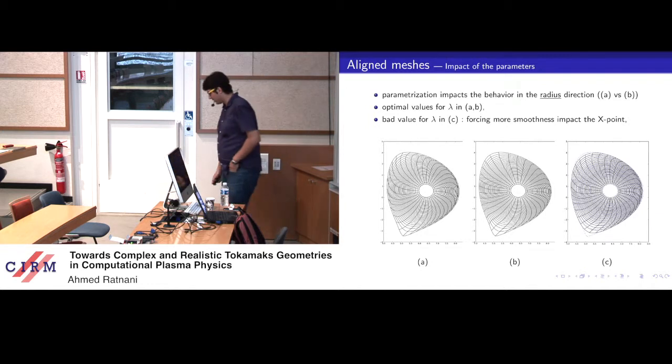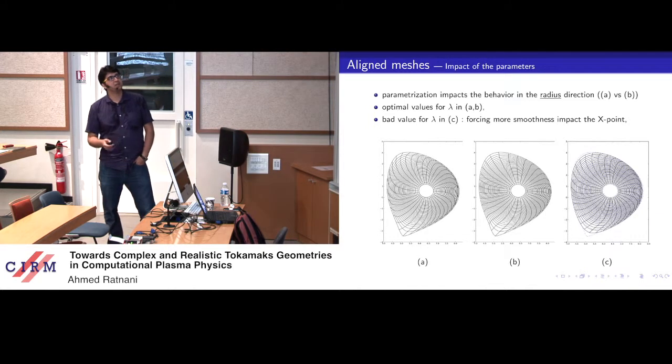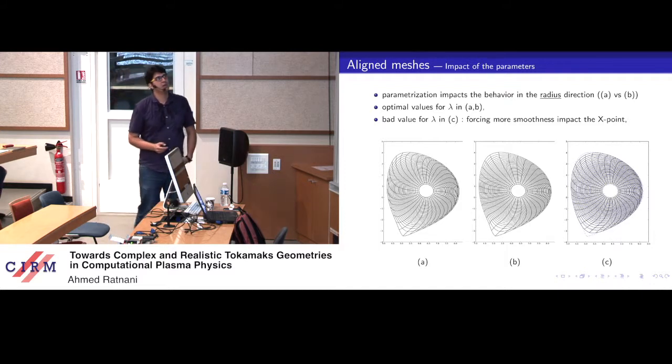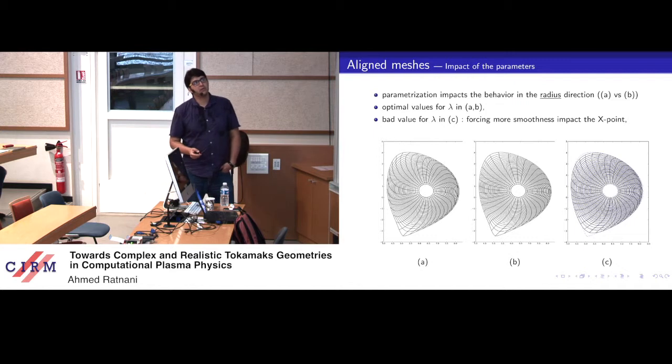So here are some impacts of this parameterization. Just by changing the values of the points u, we can change the result; you see here, this is not the same. These 2 cases are for an optimal value of lambda that we can compute, and this one is for a bad value of lambda.